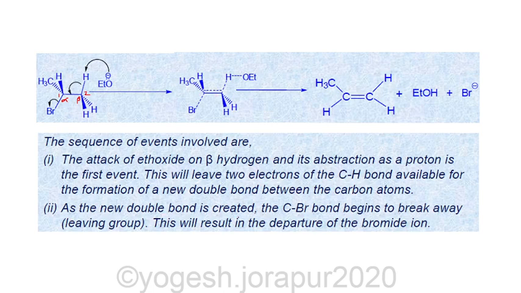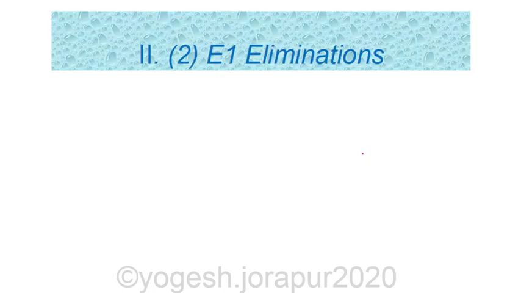As the new double bond is created, there has to be a leaving group, because otherwise the carbon valency will change. So there is a breakage of the carbon-halogen bond, and then we get our ultimate alkene as the product.